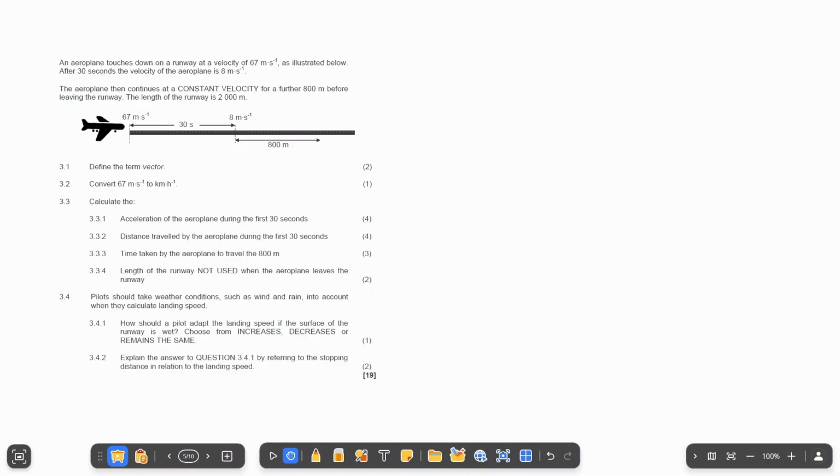Again, using the formula sheet given, and given the information that we are given, and the one that we know now, we can calculate 3.3.2 as follows.